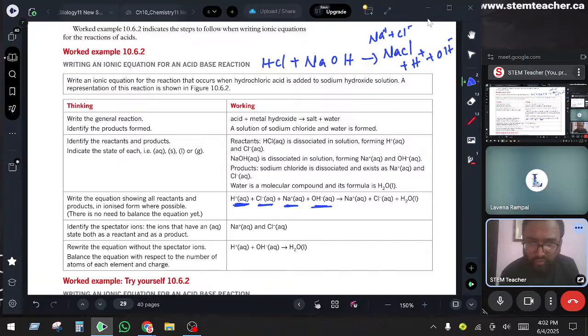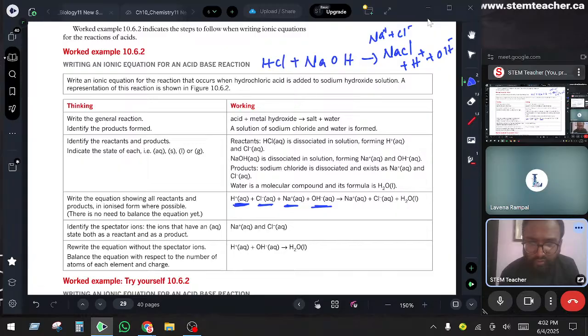Next, acids plus metal carbonates. Till now we have seen acids plus reactive metals, and acids plus metal hydroxides. तो ये एक तरीके के रिएक्शन है.